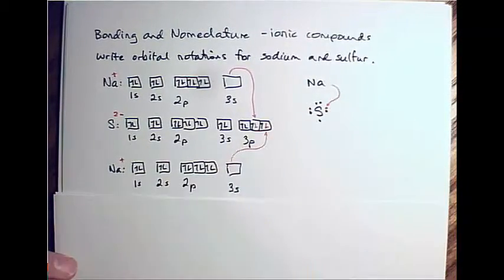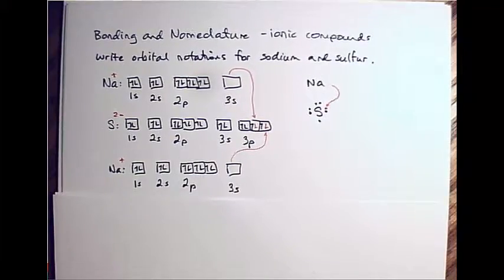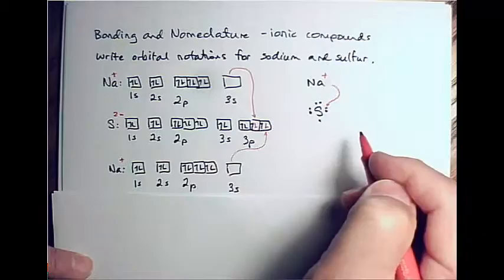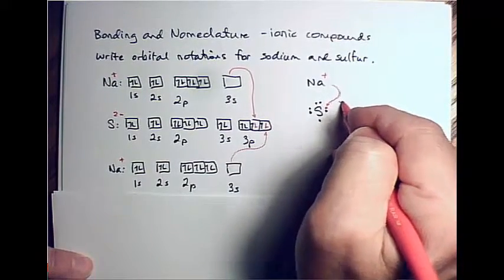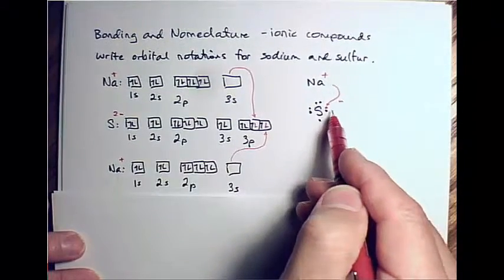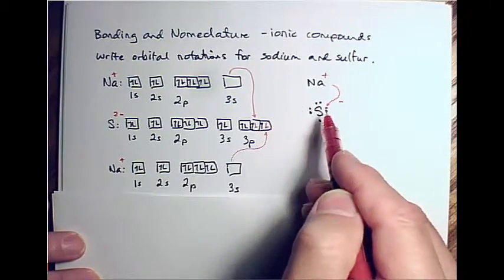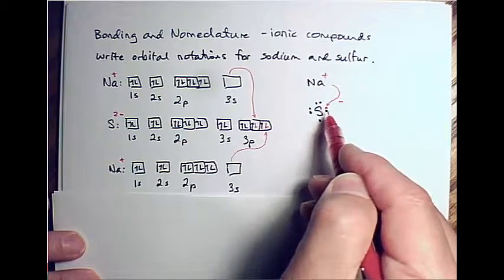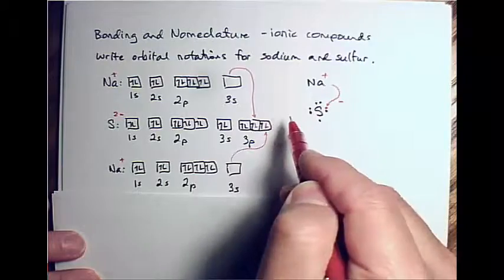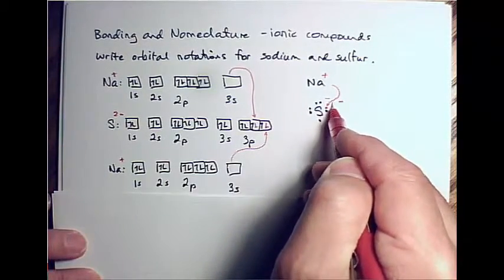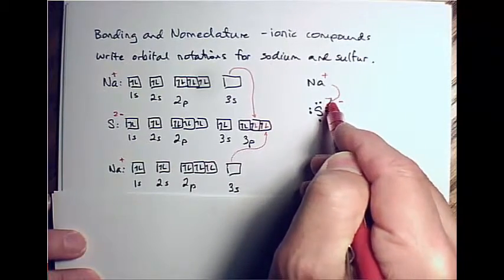As a result, this sodium now has a 1 plus charge, and we've given this sulfur a 1 negative charge. But we don't want anybody to misunderstand. This negative charge applies to the whole sulfur, not to just 1 electron somewhere nearby. So I want to put a bracket around this to show that it applies to the whole structure.